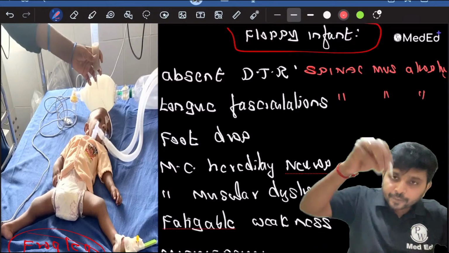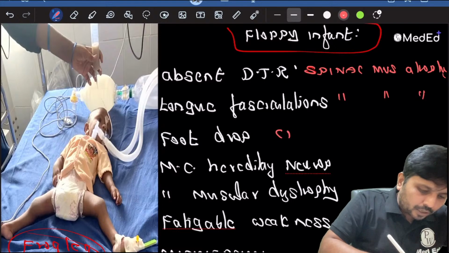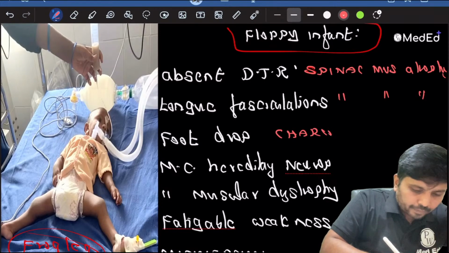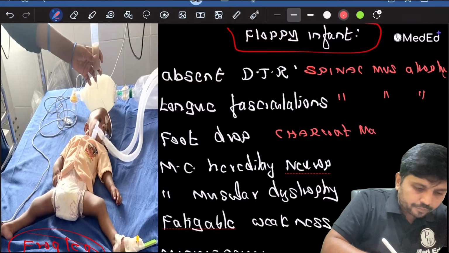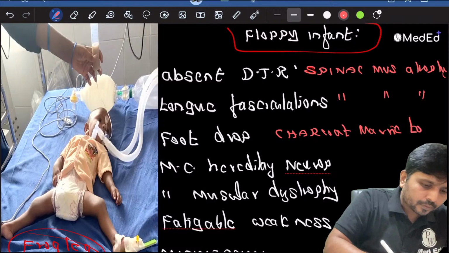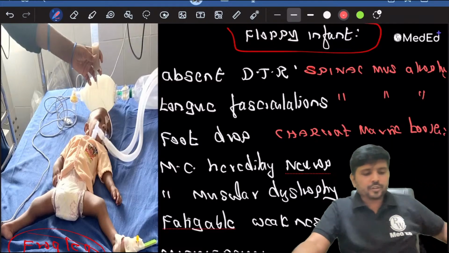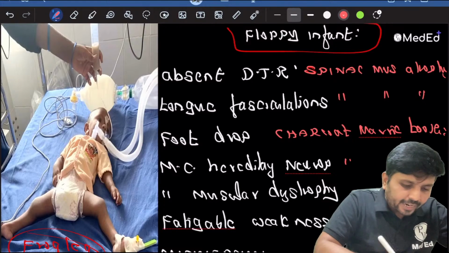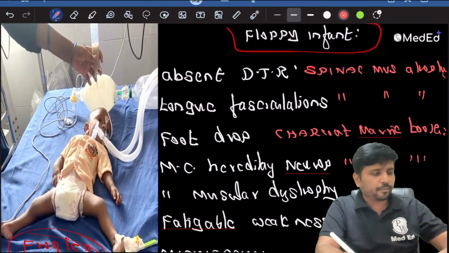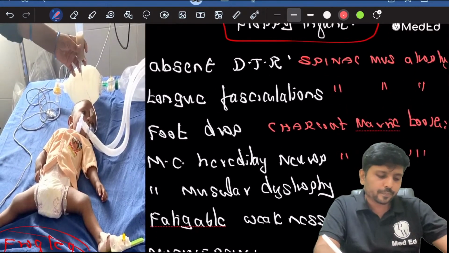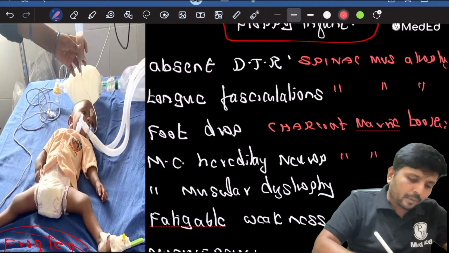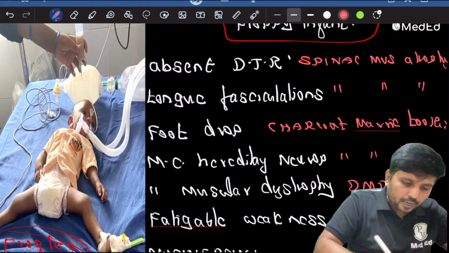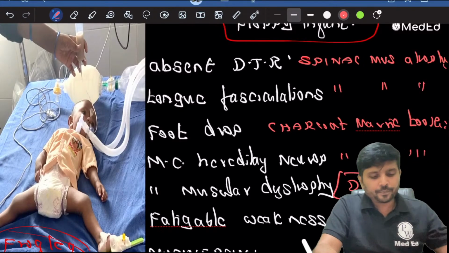Foot drop means peripheral neuropathy. Most common cause, Charcot-Marie-Tooth disease, the most common cause for hereditary neuropathy. Again, in pediatrics, Charcot-Marie-Tooth disease. Okay, most common muscular dystrophy, just now we saw Duchenne muscular dystrophy.